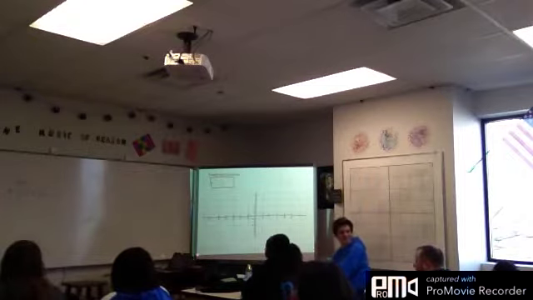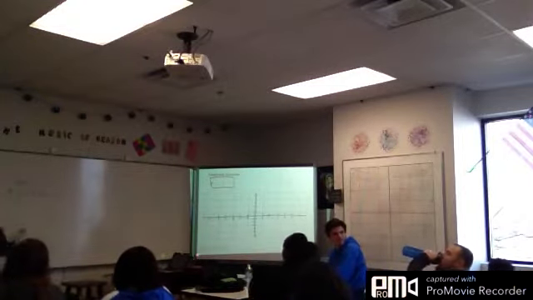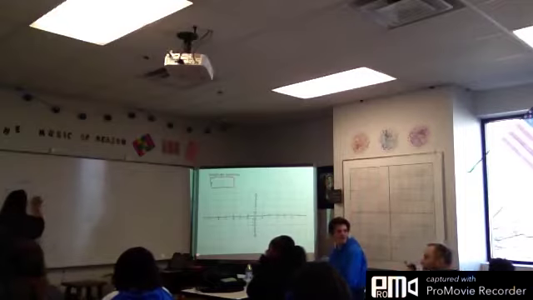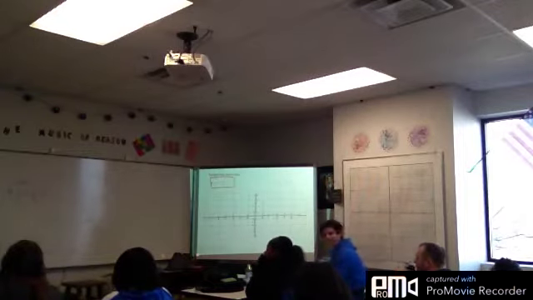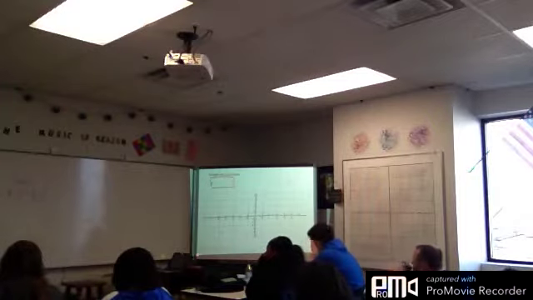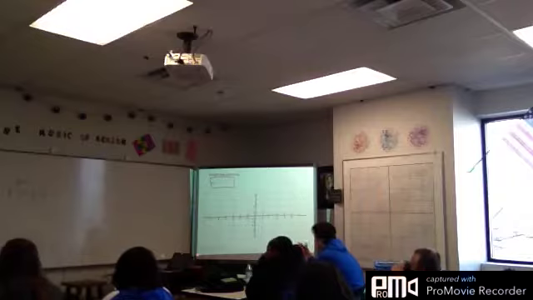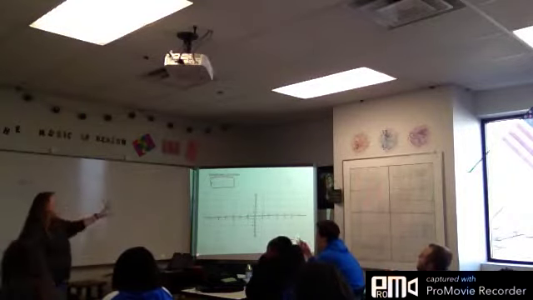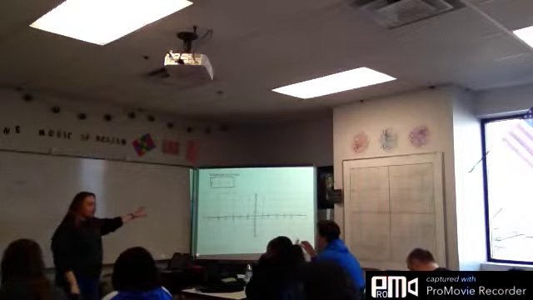What if it's negative? If it flips. What did the H and K tell me? The vertex, but what specifically does it do? It changes all your points. It shifts all of my points left and right, up and down, right? Same rules are going to apply when I'm graphing exponential functions.